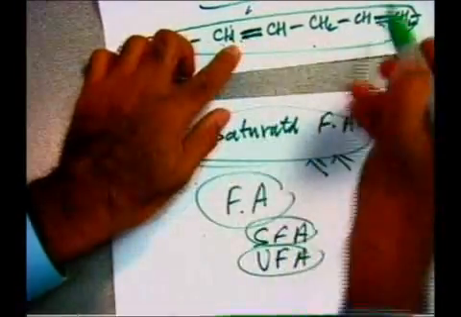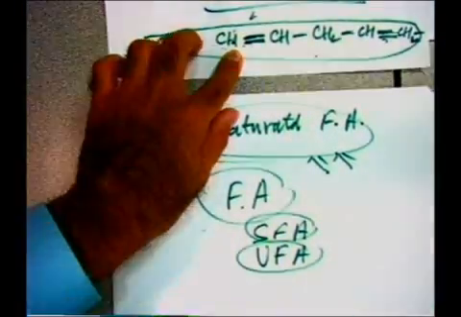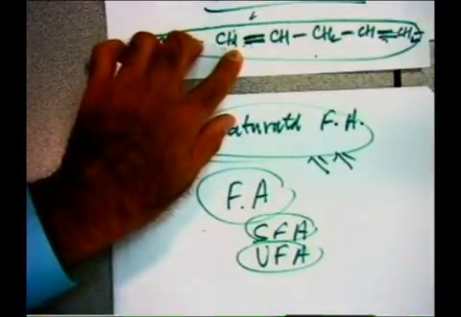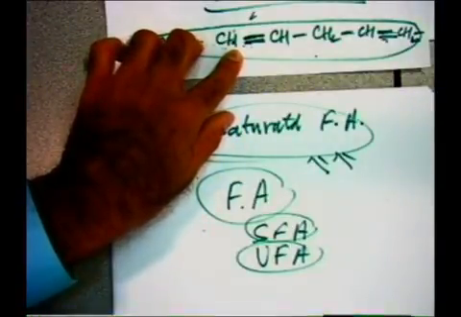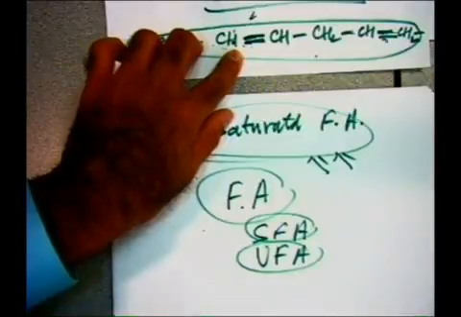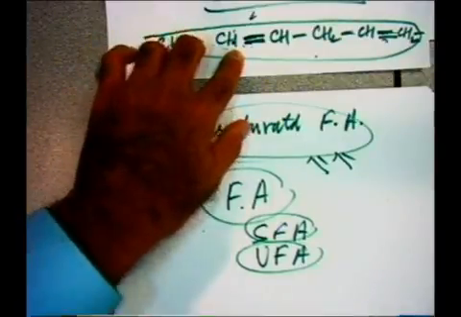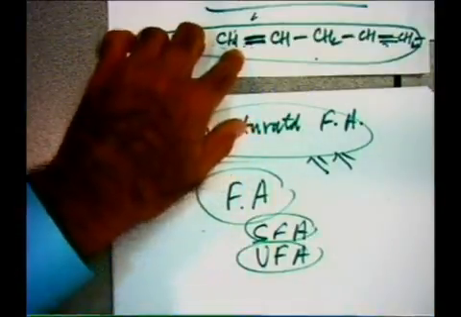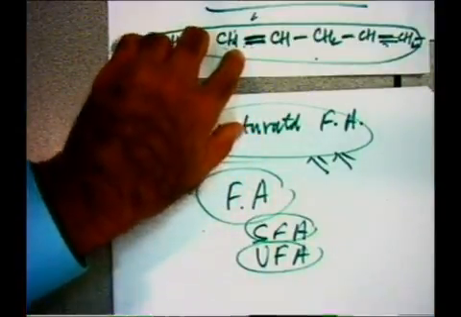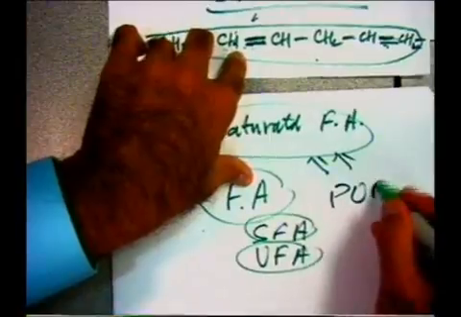If you have two double bonds, you get a di. Two unsaturated bonds over there. So you have monounsaturated, diunsaturated, or you can also call it a polyunsaturated fatty acid.